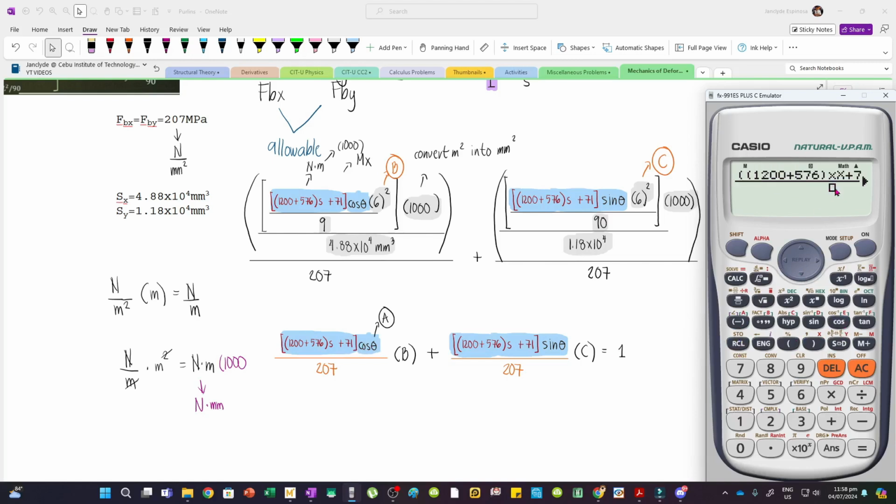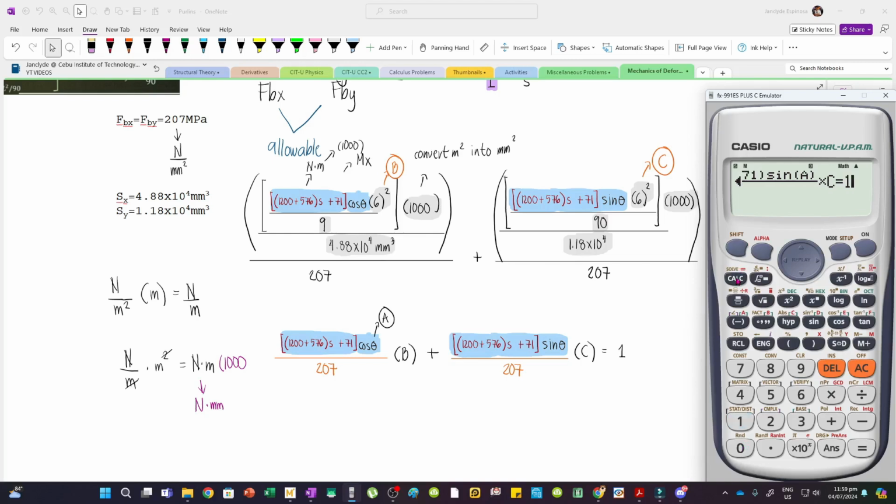And then, divide natin by 207. So, over 207. And then, multiplied by B. Ito. And then, we have plus, lagay natin to, 1,200 plus 576 pa rin, multiplied by S, and then plus 71, and then we have sine theta. Divide natin to by 207, and then multiply natin by C. So, times C, this is equal to 1.